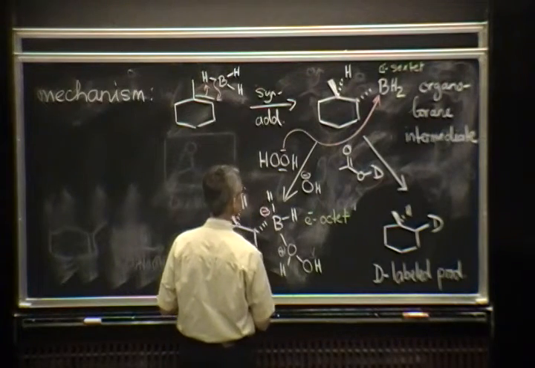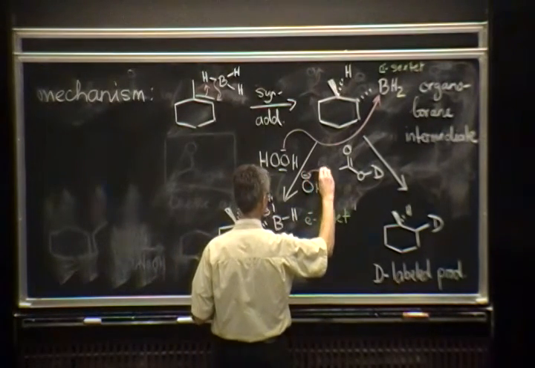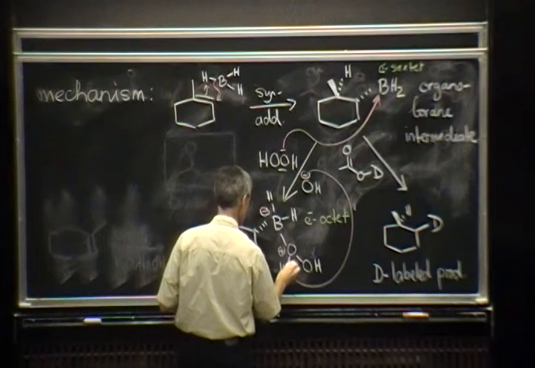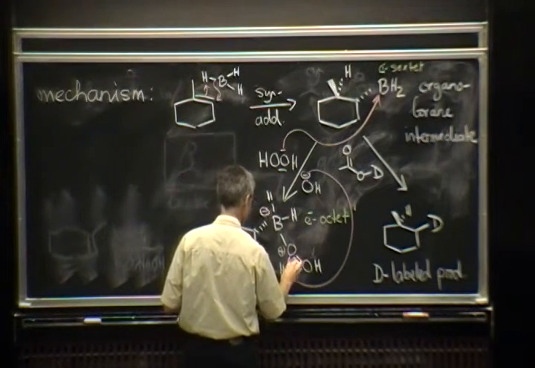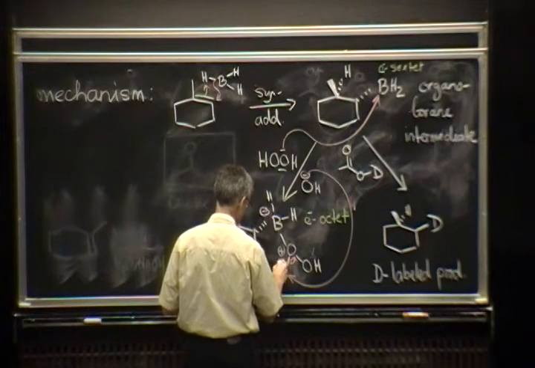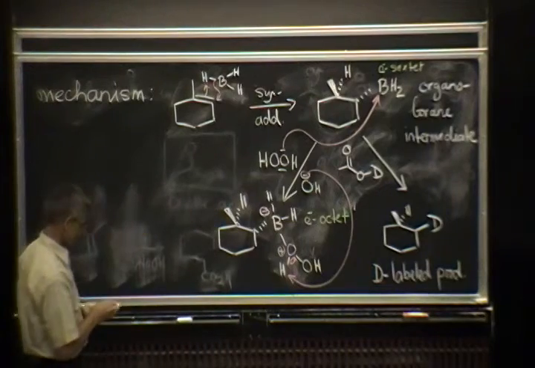We also need to get rid of this positive charge here. I'm now taking this OH minus, go all the way down here to pick up the positive charge at the peroxide.